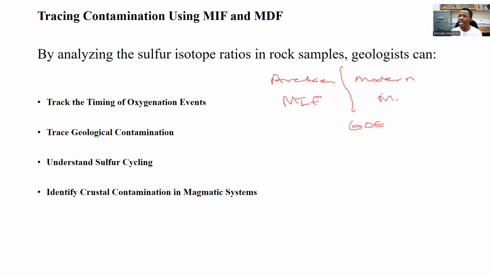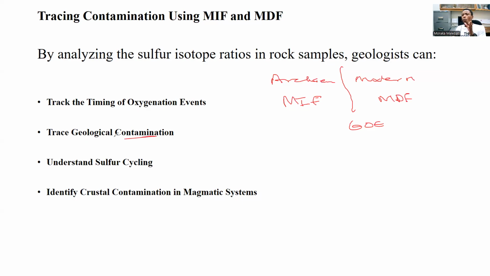But if we don't see any MIF on the other side, and we see MDF, the disappearance of MIF signals, then that tells us that after this Great Oxidation Event we had oxygen, which is why it helps us to track the timing of oxygenation events. But it also helps us to trace geological contamination.